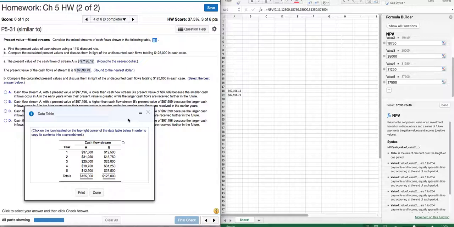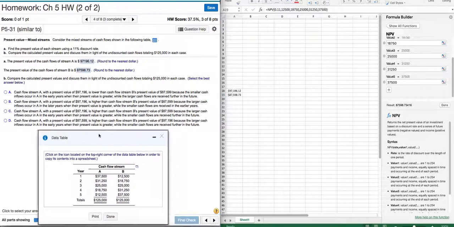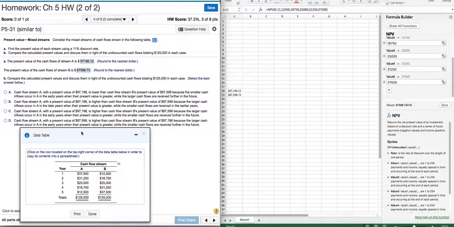You can come up with the solutions within a minute or two and move on to the next problem, so that you're not at risk of your time expiring before you get all the problems completed. So again, just wanted to point that out: use the tools, whether it's Excel or calculator, as opposed to trying to solve these manually.